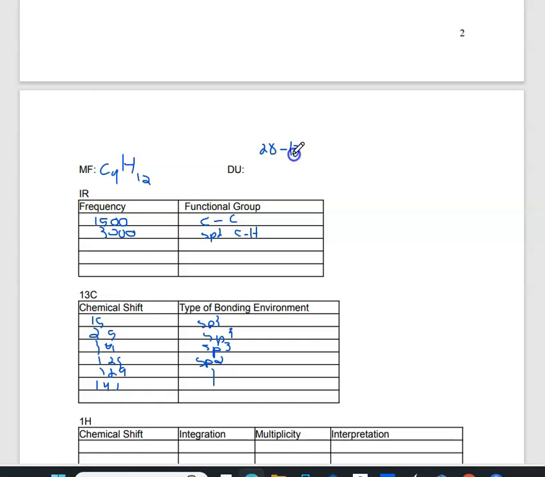So we take 20 minus 12 divided by 2, which means we've got 4 degrees of unsaturation. And the degrees of unsaturation indicates a ring or a double bond. So we can keep in mind that we have 4.